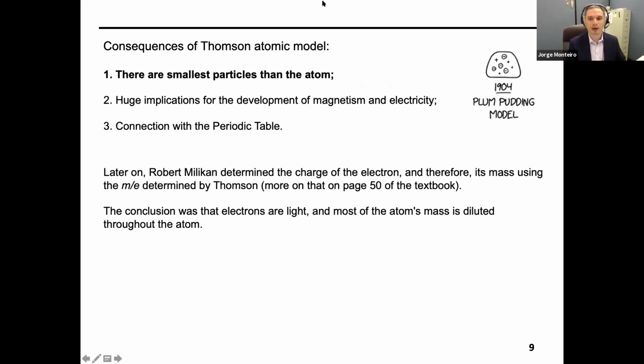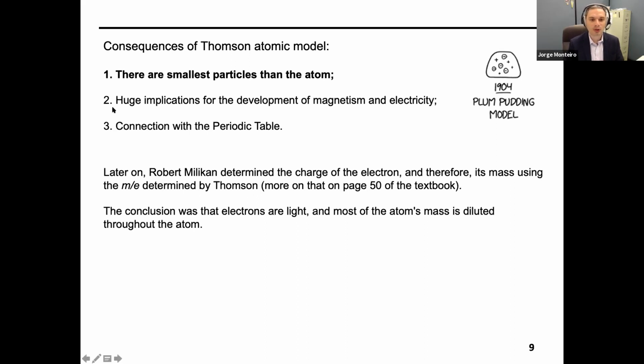The consequences of Thomson atomic model were that first, there are smaller particles than the atom. These small particles have negative charge. Later on, they were called electrons, okay?